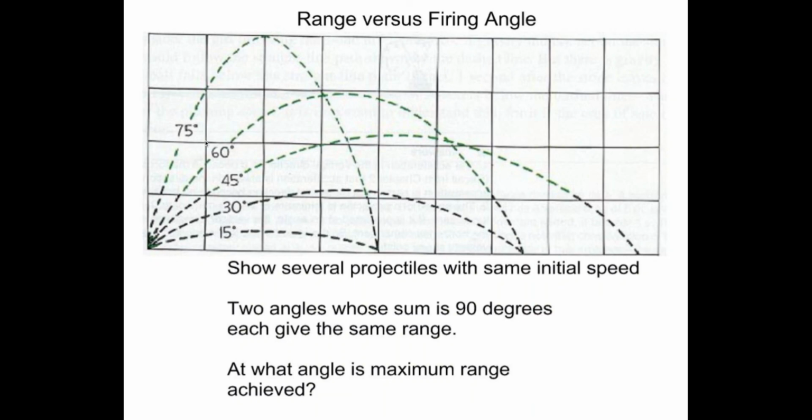And it turns out those two things will exactly cancel each other. The additional hang time for 75 degrees is perfectly canceled out by the lack of horizontal velocity. So you land at the same spot. So any two angles that add up to 90 will land at the same spot. So 45 degrees is the perfect mix of vertical velocity to give you hang time and horizontal velocity to give you range there.